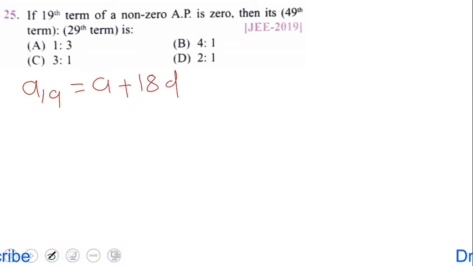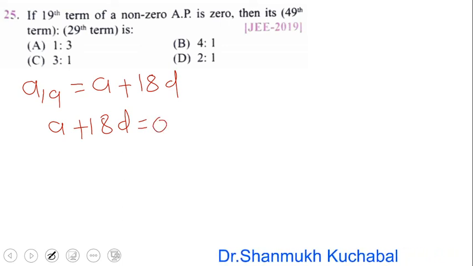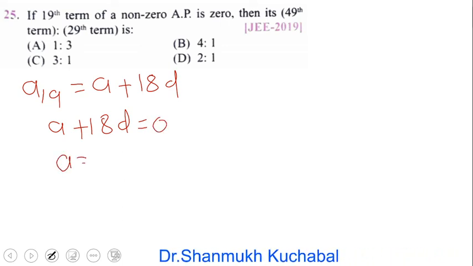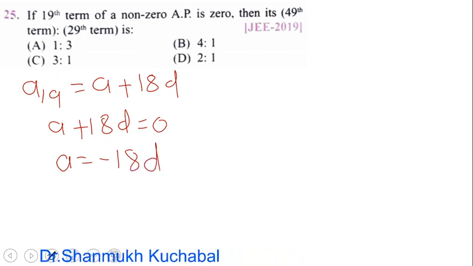Okay, so the 19th term is 0, so I equate this to 0, a plus 18d equal to 0. Then from this I write the solution for a as minus 18d here. Then its 49th term to 29th term, we have to find it.